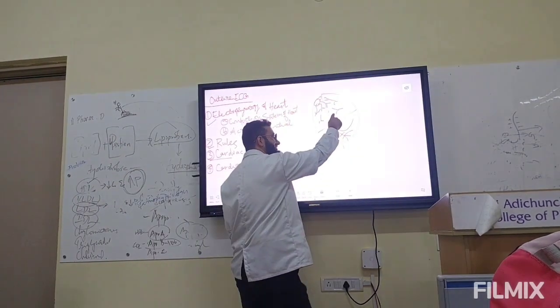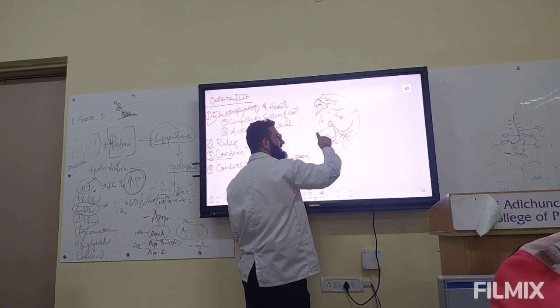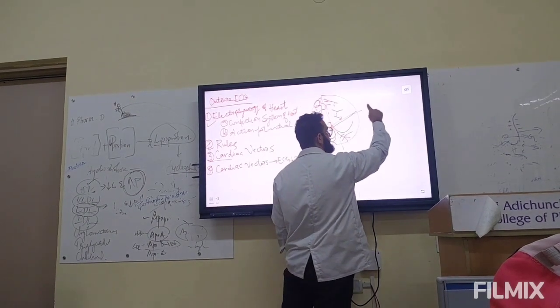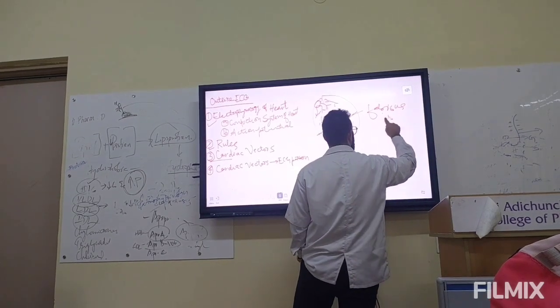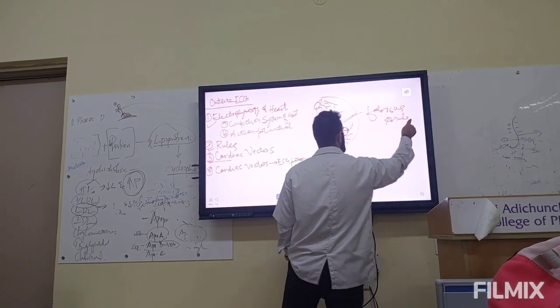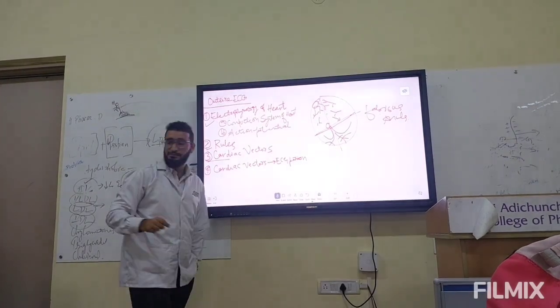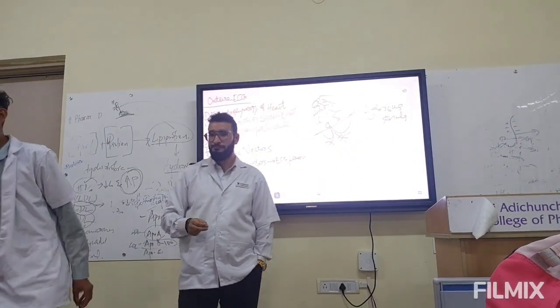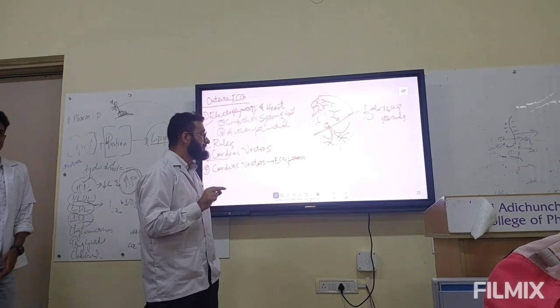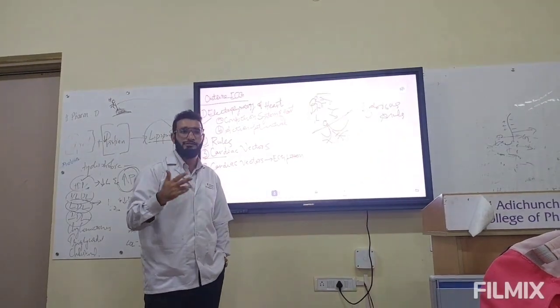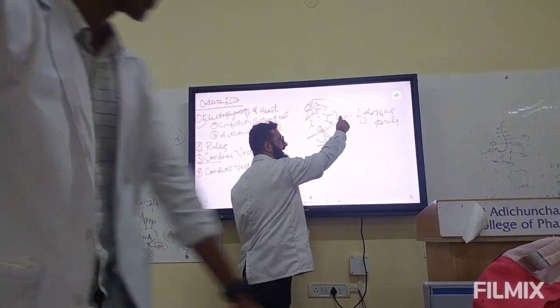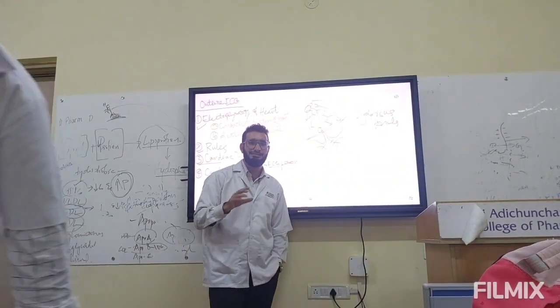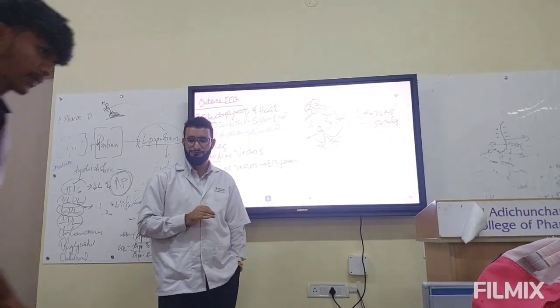When these electrical signals reach the septum, this septum is called the fibrous annulus, and it is electrically insulated. So when these electrical signals reach the fibrous annulus, they will die out.